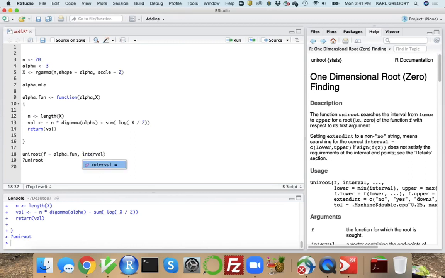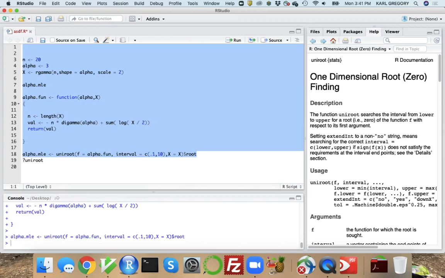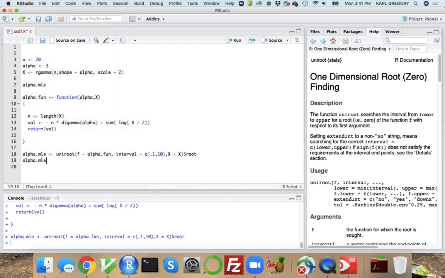I have to tell it some interval, so let's have it look over 0.1 up to 10. And I have to give the value of this other argument to the function, so x equals x. I just want to pull the root. So here's my maximum likelihood estimator of alpha based on the data.